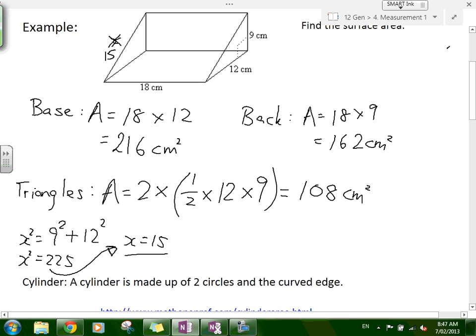So what's the slanted side? What's the area? Yeah, so the slanted side, A equals 15 times 18, which is equal to 270.